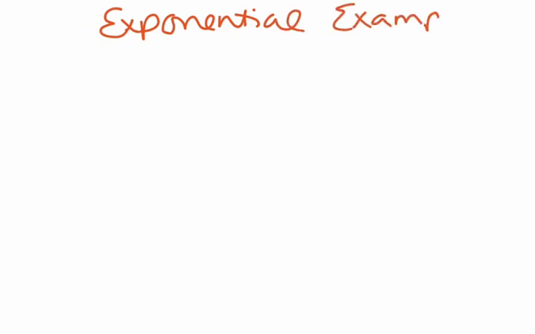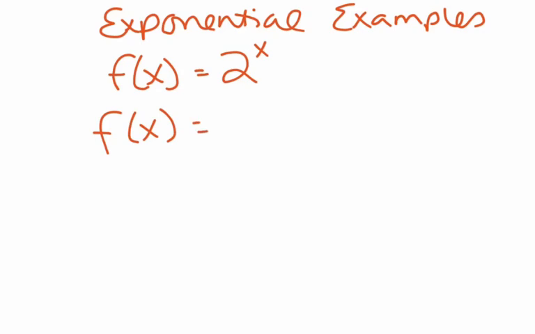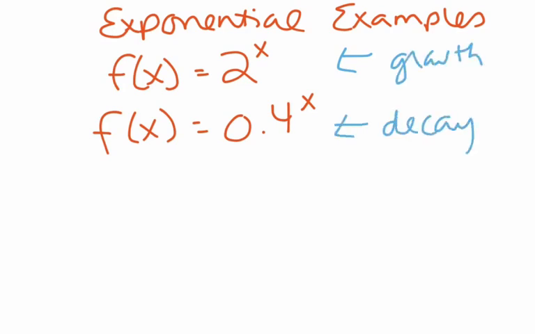So examples of some exponential functions might be something like this. f of x is equal to 2 to the x power, or f of x is equal to 0.4 to the x power. This one where the base is greater than 1 would be growth. This one where it is less than 1 would be decay.